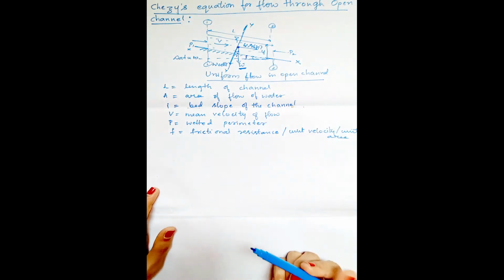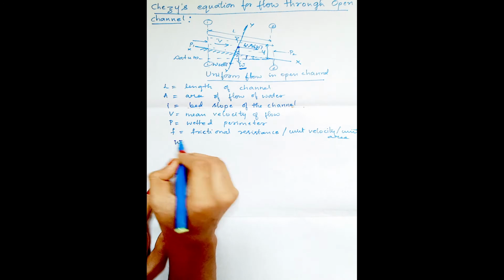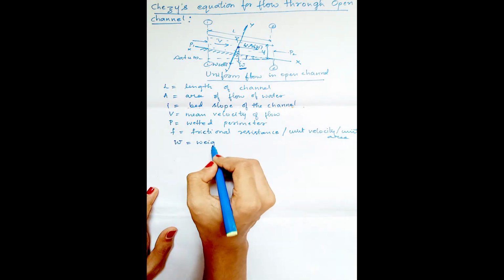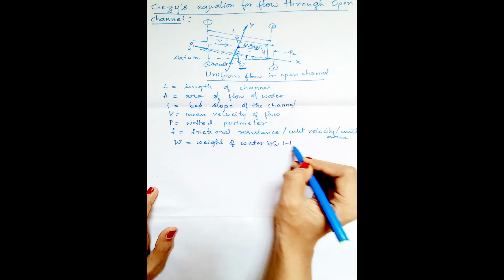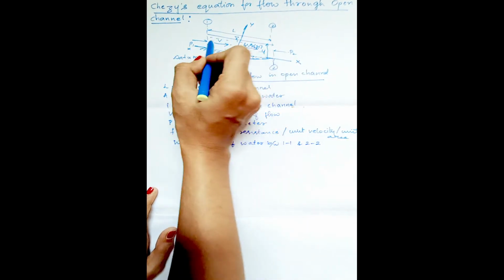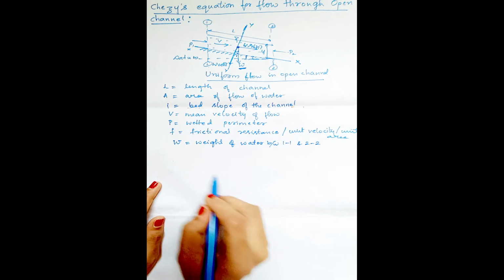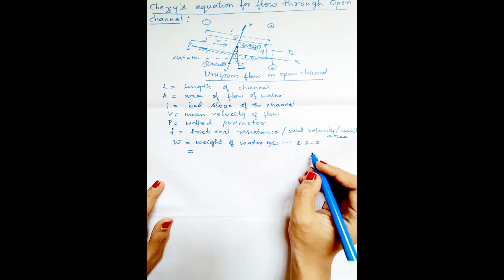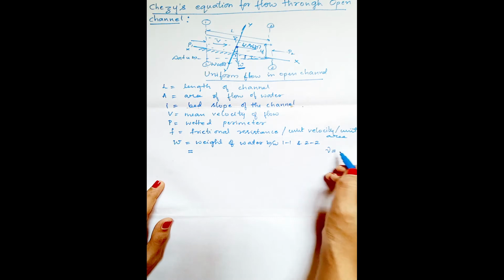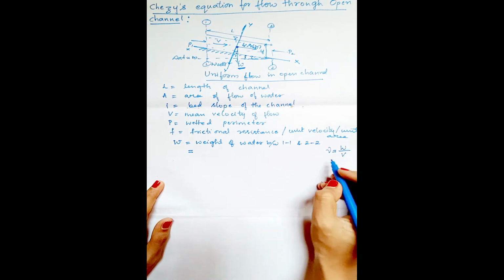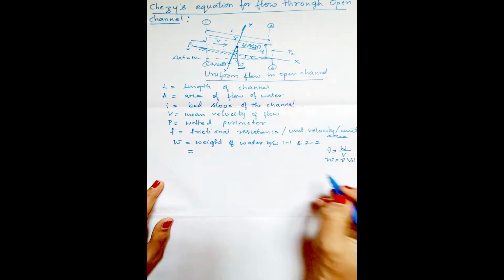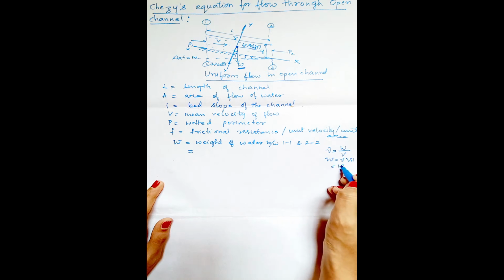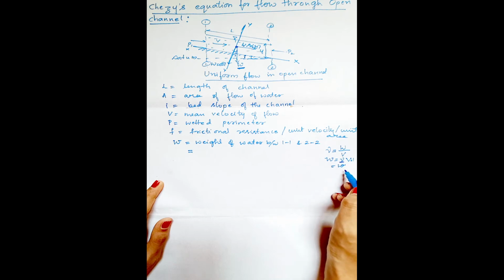Let us find the weight W of water between section 1 and section 2. As per the weight density formula, we know weight density gamma is equal to weight by volume. So weight will be equal to gamma into volume, and gamma, the specific weight, can also be represented as small w.